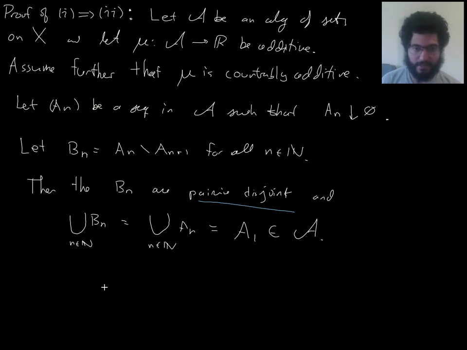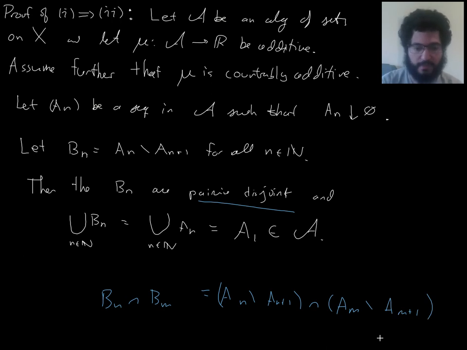So if I take, let's say, Bn and Bm and think about their intersection, that would be An, delete An plus 1, intersect Am, delete Am plus 1, right? Now let's imagine that n and m are not equal. Then we want to show that this intersection is empty. That's what pairwise disjoint means, right? So then without loss of generality, one of them is smaller. Let's say n is smaller than m.